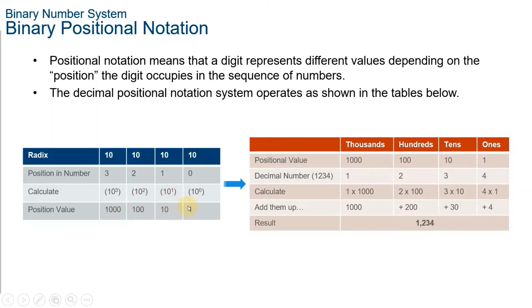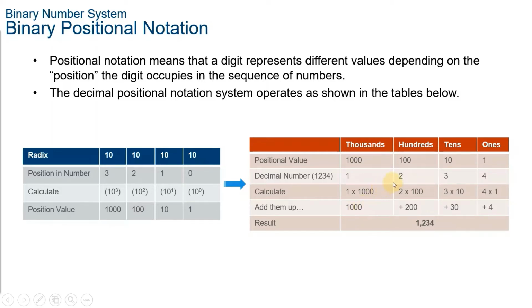To use the positional system, match a given number to each positional value. The example in the table illustrates how positional notation is used with the decimal number 1234. If you are given this 1234, we need to calculate it. For thousands, you've got 1, that's 1 times 1000, which gives you 1000.